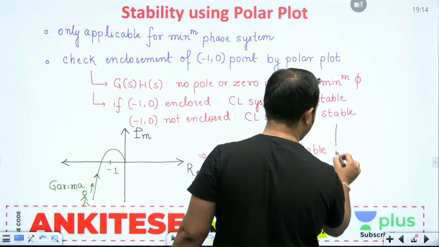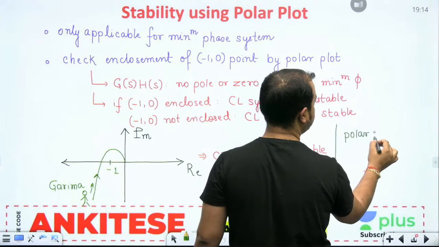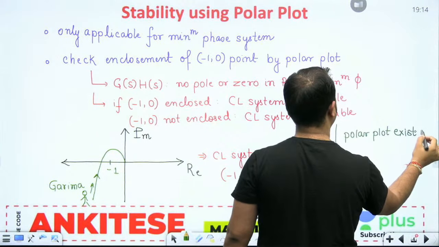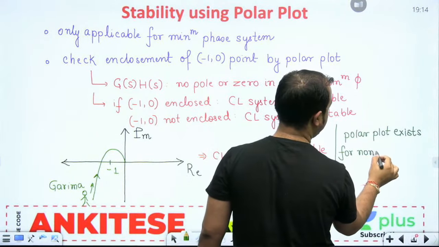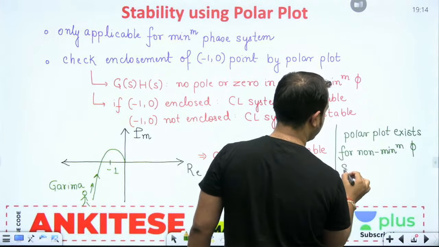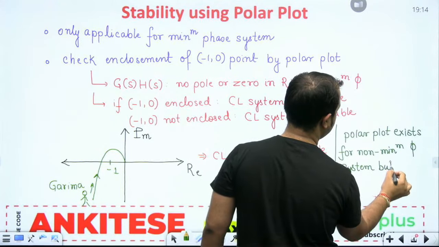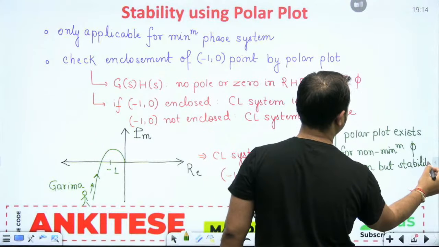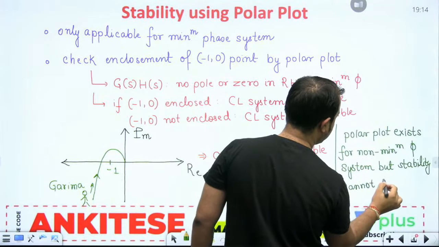So what I am saying is, polar plot exists for non-minimum phase system but stability cannot be determined.